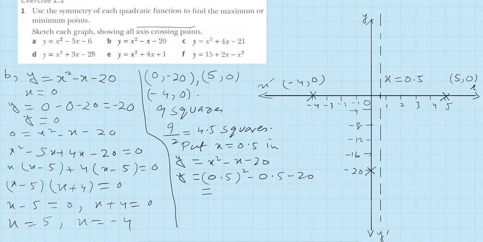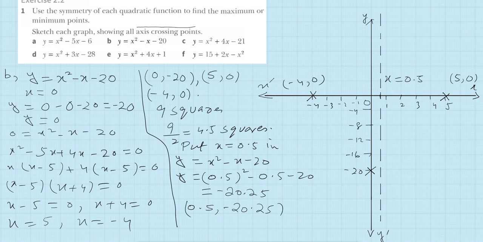If you calculate with the help of a calculator, you will get minus 20.25. So the coordinate is, when x is 0.5, then y is minus 20.25.